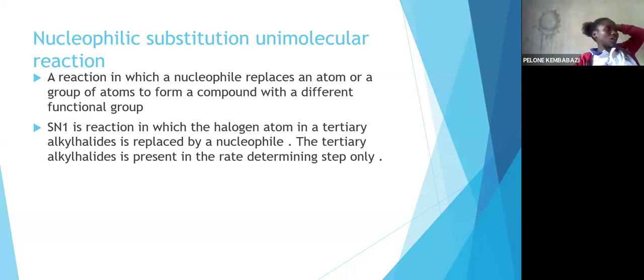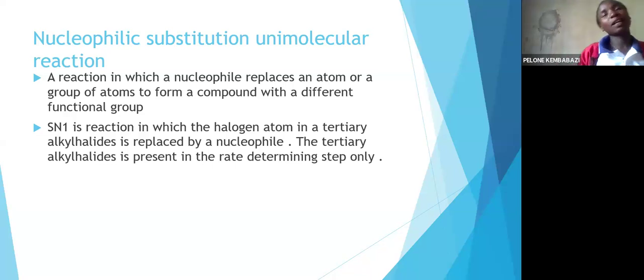Tertiary alkyl halides are alkyl halides in which the carbon bearing the halogen has no hydrogen. It has all three alkyl groups, and there is no hydrogen on that carbon. So that's the tertiary alkyl halide.